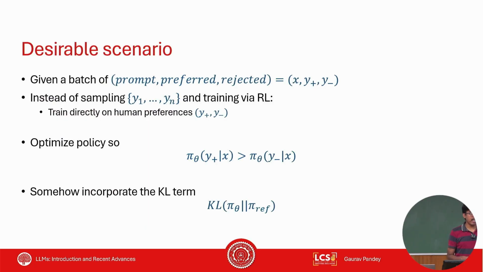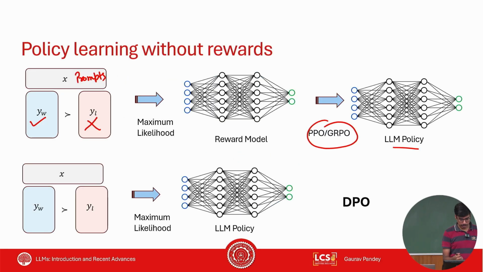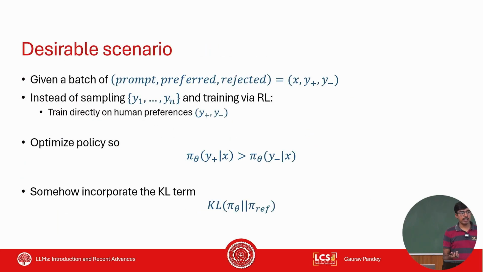Okay, so what are the desirable characteristics of such a model? Let's say we get a policy pi theta which directly learns from preferences. What is the desirable thing? The preferred response should have higher probability than the rejected response, right?